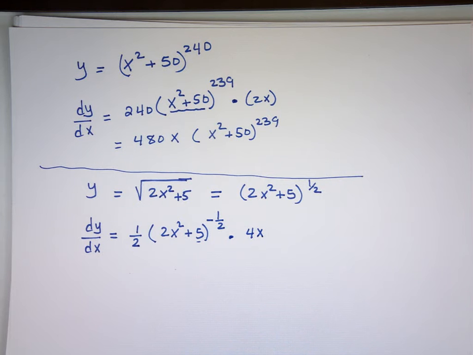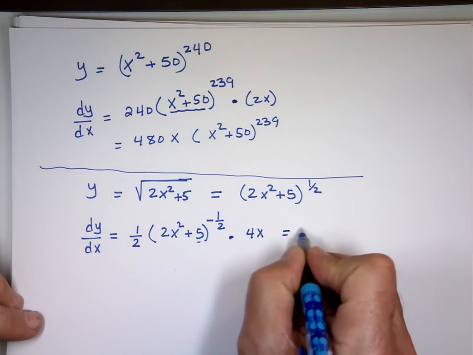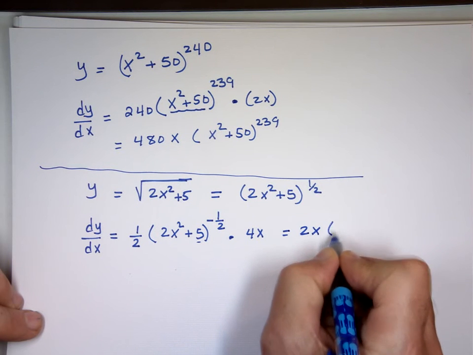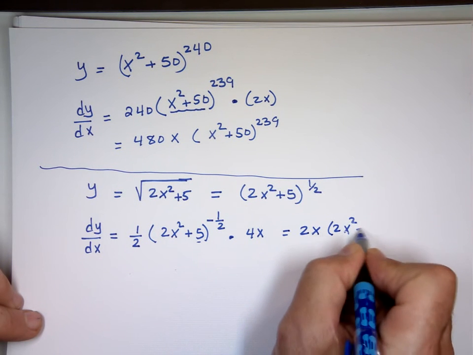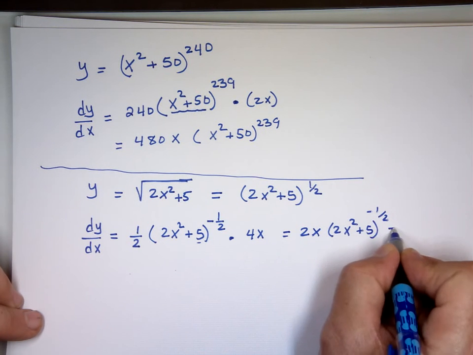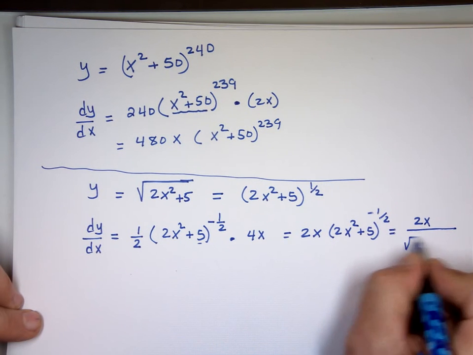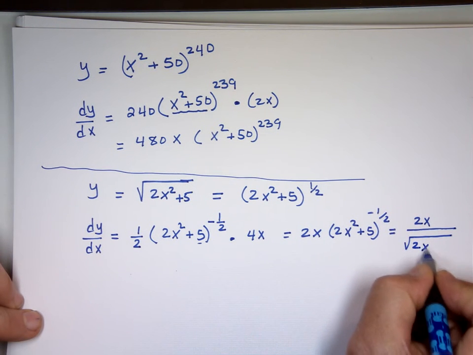Done. 4x and 1/2, that'll make it what, 2x? If you don't like negative exponent, you can make it what? 2x over the square root of 2x squared plus 5.